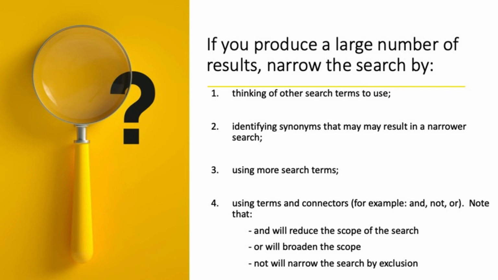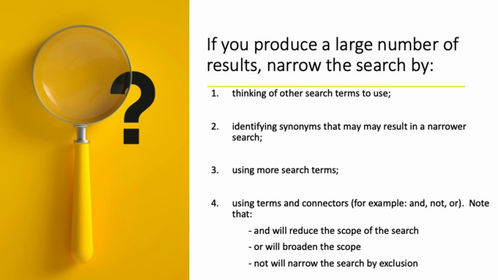It might be that you need to think about synonyms or adding further terms to the list, or using terms and connectors to link the search terms together. Using the word "and" would require that both the search terms have to appear in the document at some point, whereas if you used "or," it would expand the search and make it wider, in that either of the two terms would be sufficient for it to be produced as a hit.